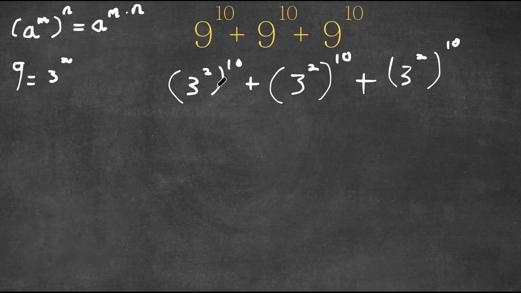And now, as you can see, all three of our terms are in the form a to the power of m to the power of n, and remember that is equal to a to the power of m times n, so this would equal 3 to the power of 2 times 10, and the same goes for the other two.